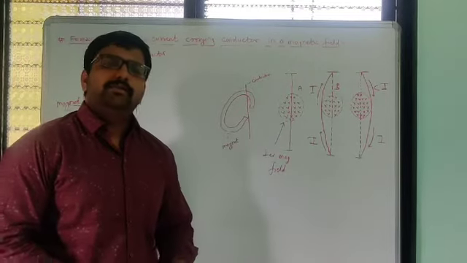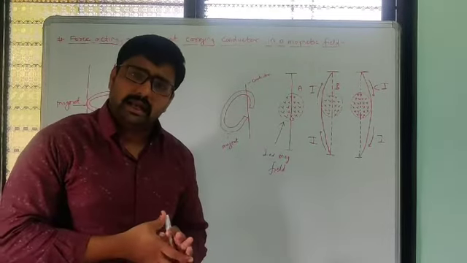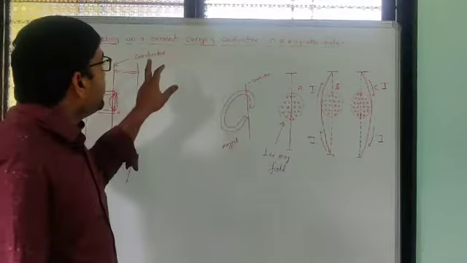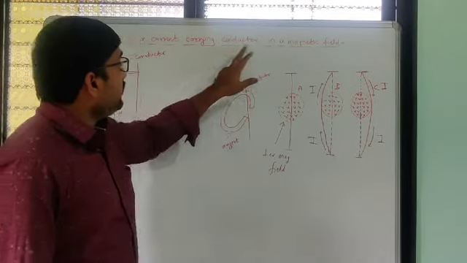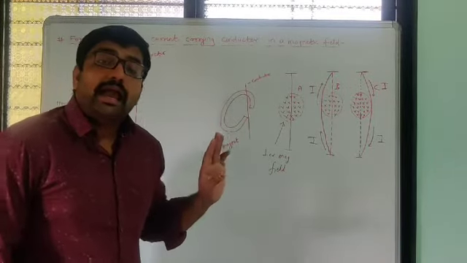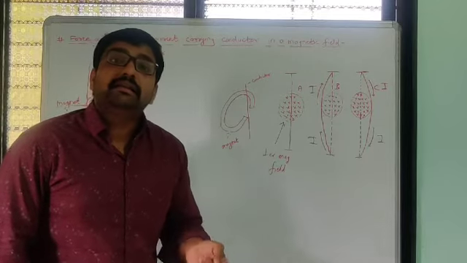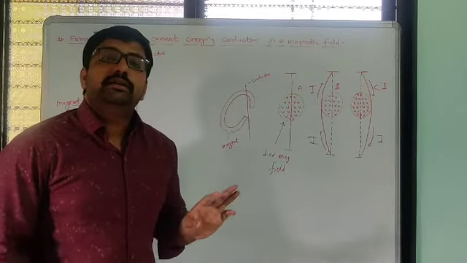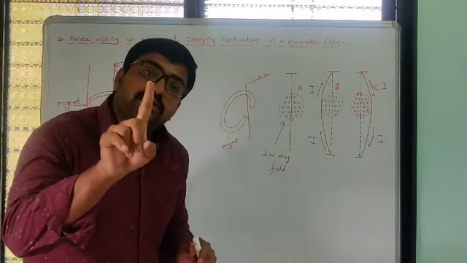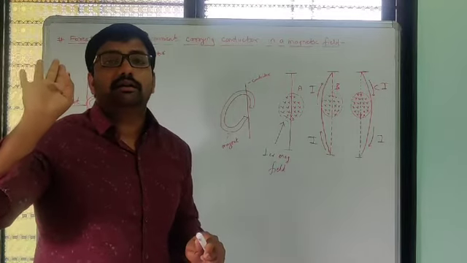It means that from this we have to understand that if we place an electric conductor in a magnetic field and electricity is passed through it, then a force is generated on the electric conductor.